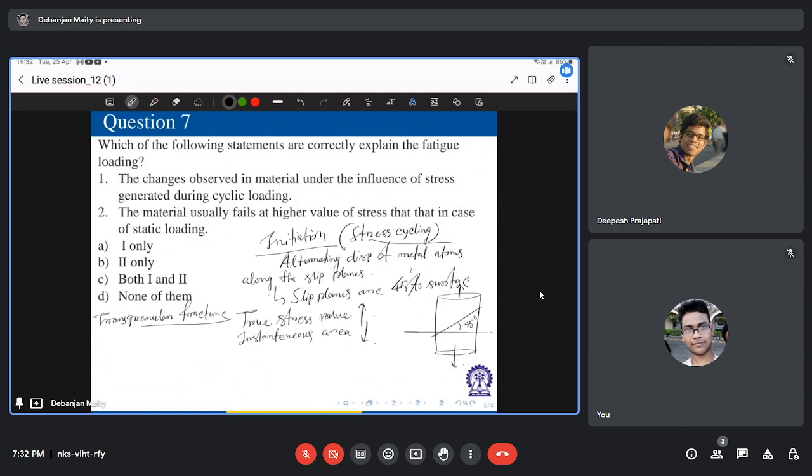Basically we will have two distinct regions. If you look at the fracture surface, you have two distinct regions of fracture present in the case of fatigue fracture. So one is this smooth polished area of the original crack.